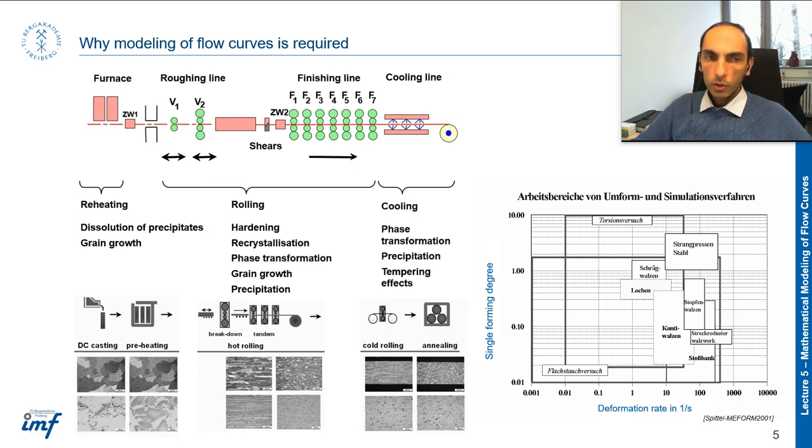And during this stage, of course, from the metallurgical side of view, we have the dissolution of precipitates, because when you increase the temperature, the precipitates in the material, in the alloy, dissolve, and of course you will have some grain growth.